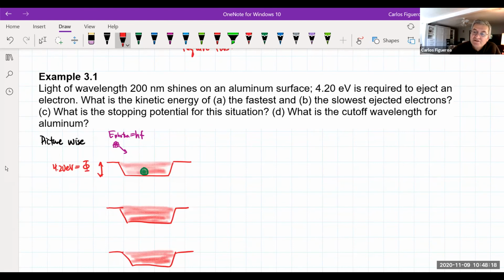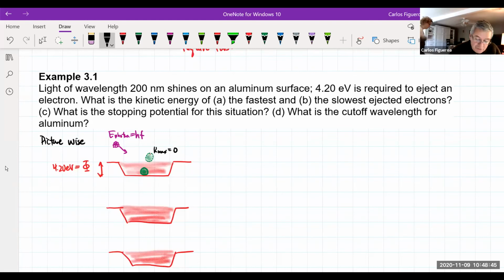So you could imagine that if I take an electron and barely eject it out of the atom, right? I'm barely ejecting it to this point right here. And what you get is K max, the kinetic energy of this, is 0.